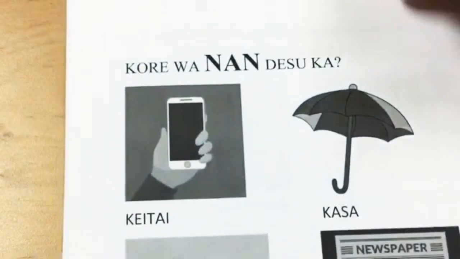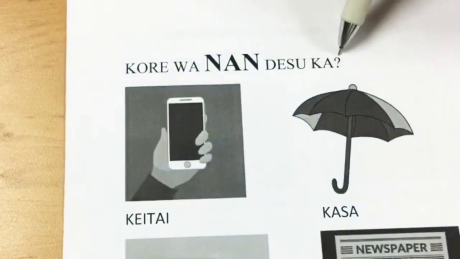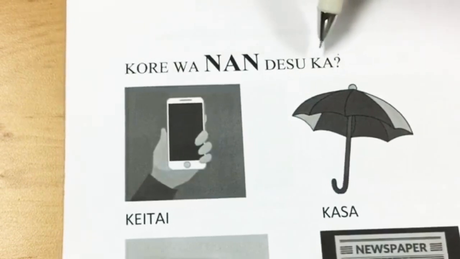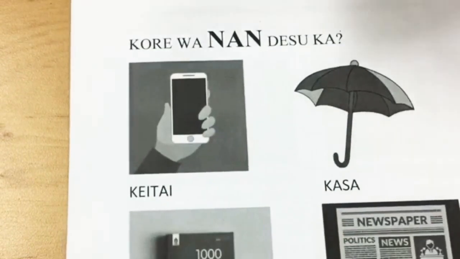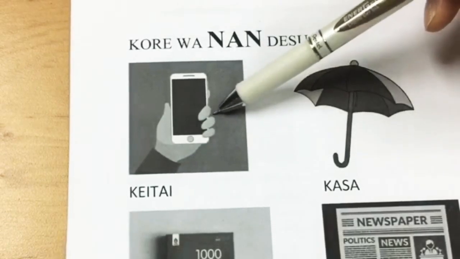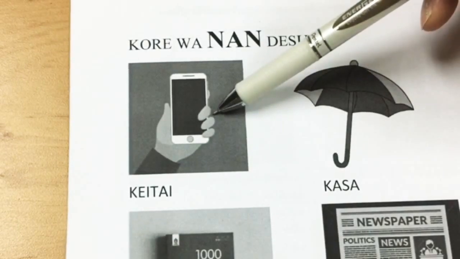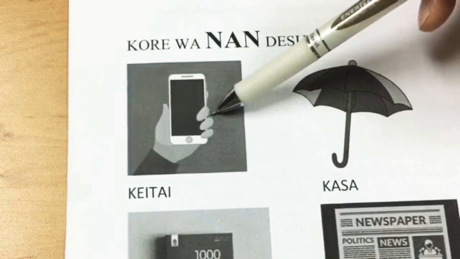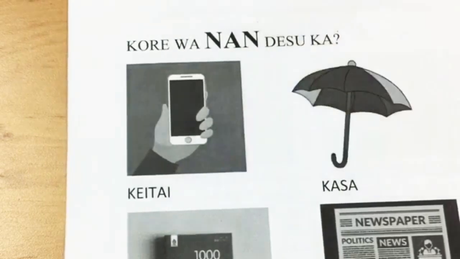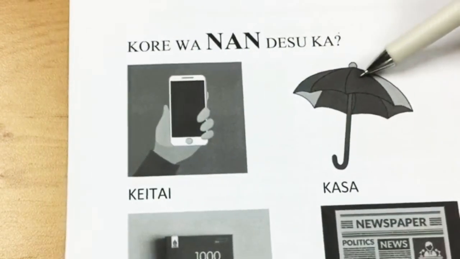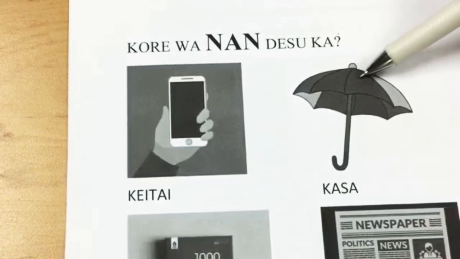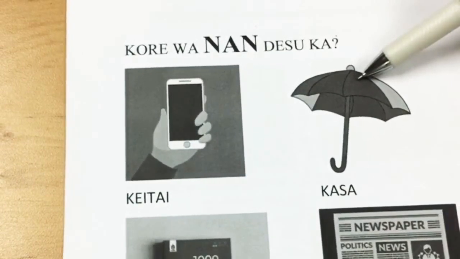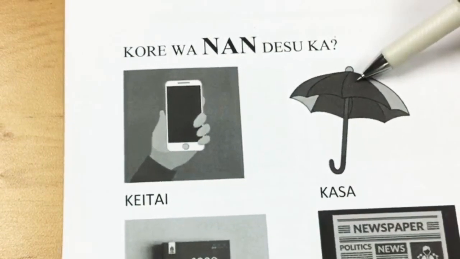Okay. これは何ですか? What is this? これは携帯です。This is a mobile phone. これは何ですか? これは傘です。Very good. This is an umbrella.